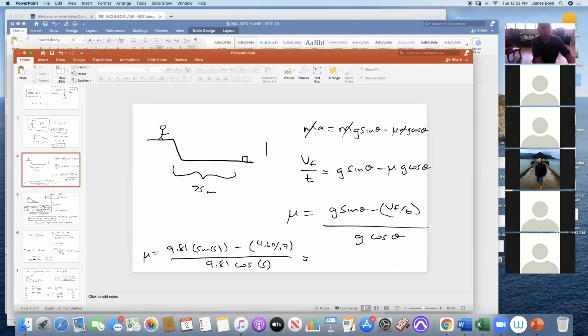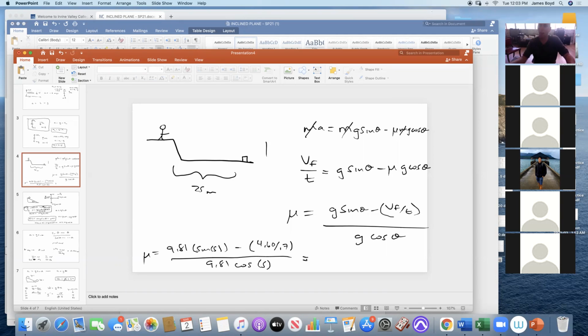And what I get is 9.81. Make sure my calculator is back in degrees. Sine of 5 minus 0.460 divided by 0.7. Divide that whole thing by 9.81. I forgot something.